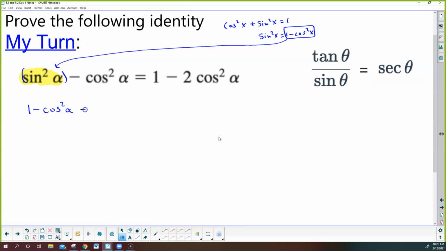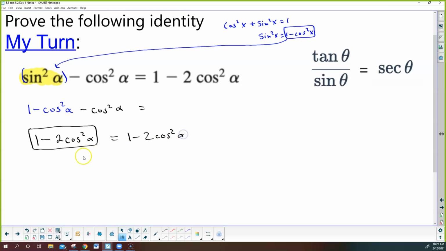And then we're going to subtract cosine squared of alpha. Okay. Well, now, if I've got 1 minus cosine squared alpha minus another cosine squared alpha, that's subtracting 2 of the same thing. And now look, I've got the left side exactly equal to the right side.